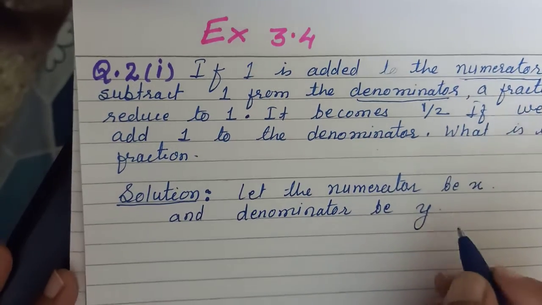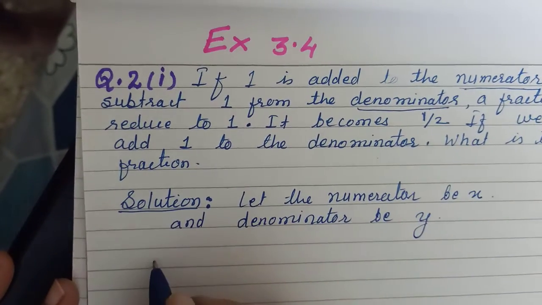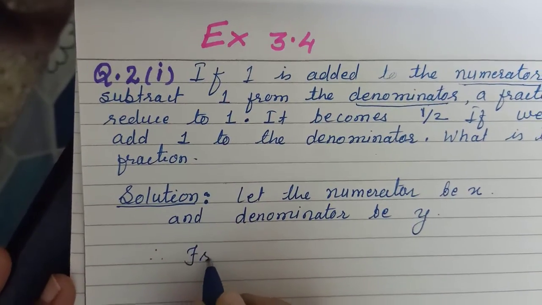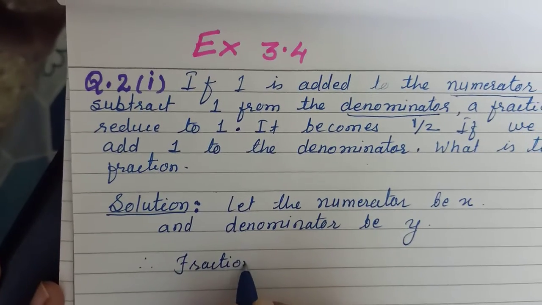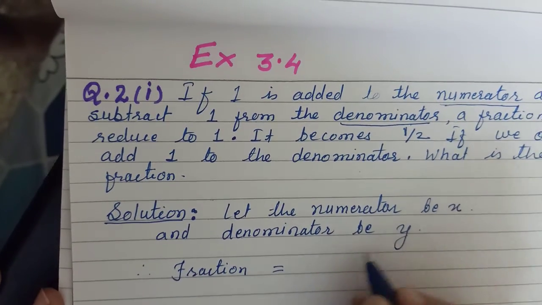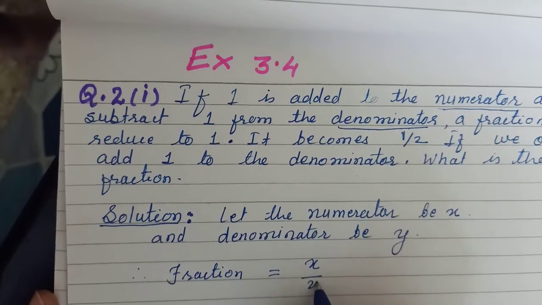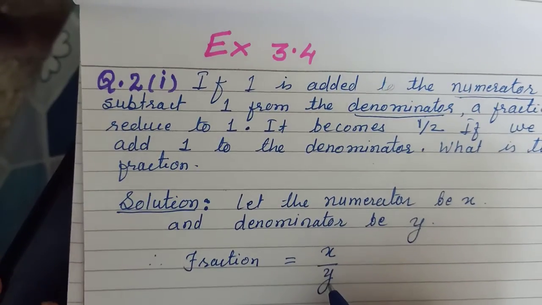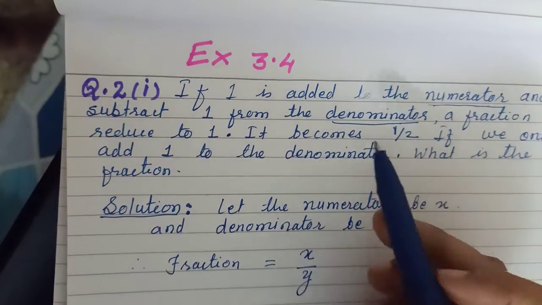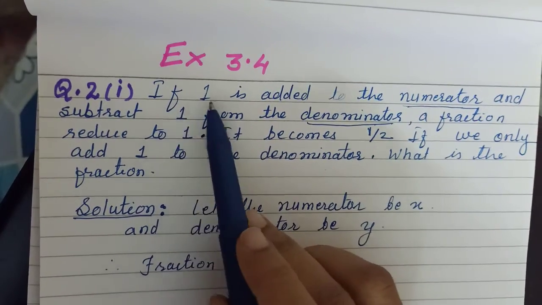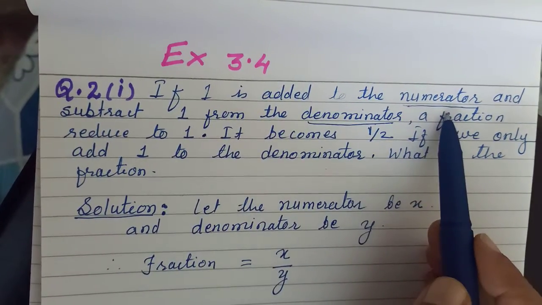So we express the numerator and denominator. Therefore the fraction will be x is the numerator and y is the denominator, so x upon y.